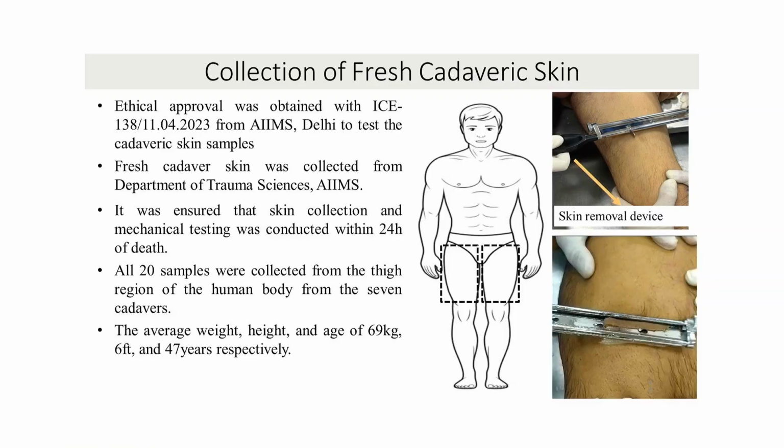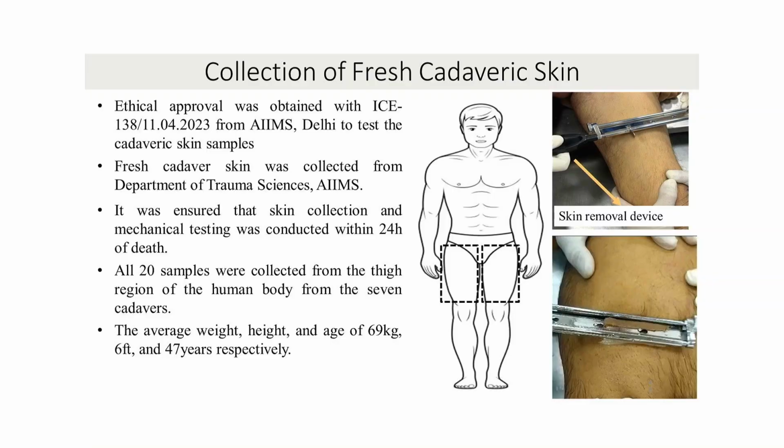It was ensured that the skin collection and mechanical testing was conducted within 24 hours of the death. That was the general norm, because it's difficult to procure cadavers within 9 or 10 hours. So 24 hours was the overall consideration, but we still maintained below 12 hours as much as possible.